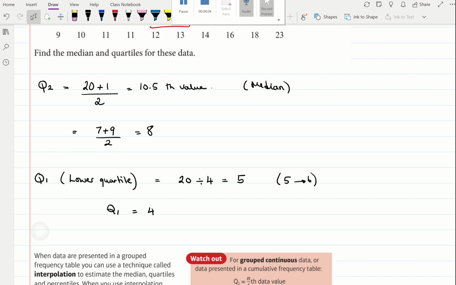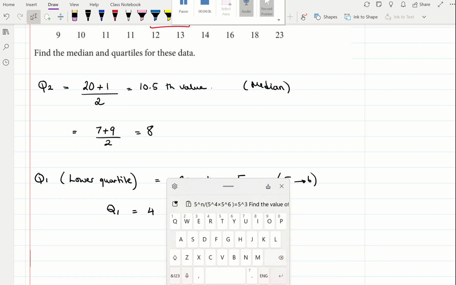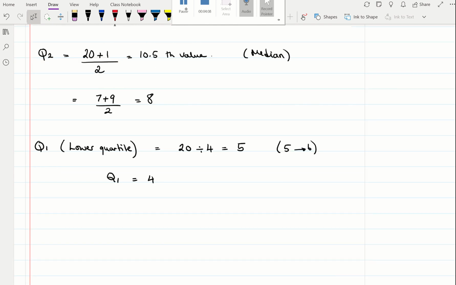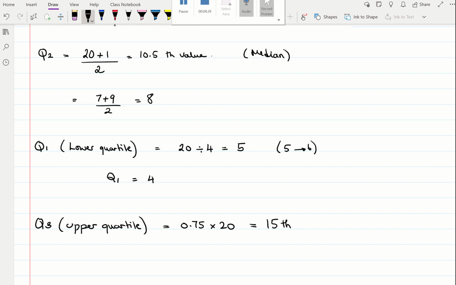And then the upper quartile, which is 75% of the way, quartile 3, is 0.75 times 20, which is the 15th value.